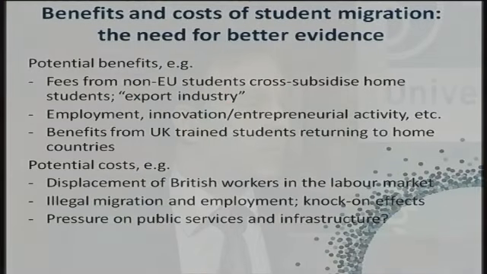So I think it's important to acknowledge that there are potential benefits and potential costs. And just like increasing immigration doesn't always create benefits for everybody, reducing immigration doesn't always create costs for everybody. So I think we really need to do the work.